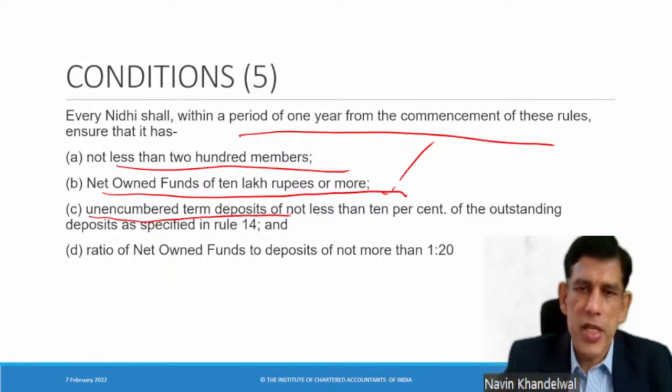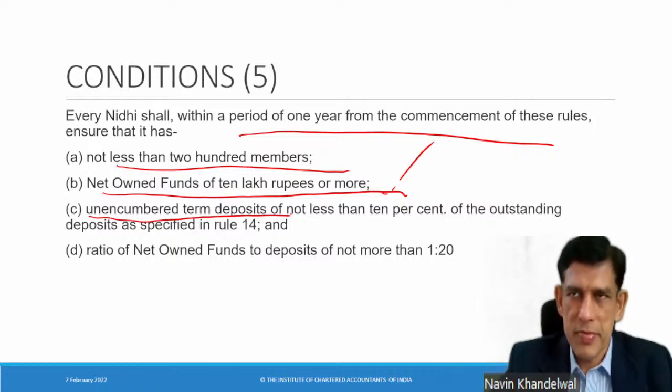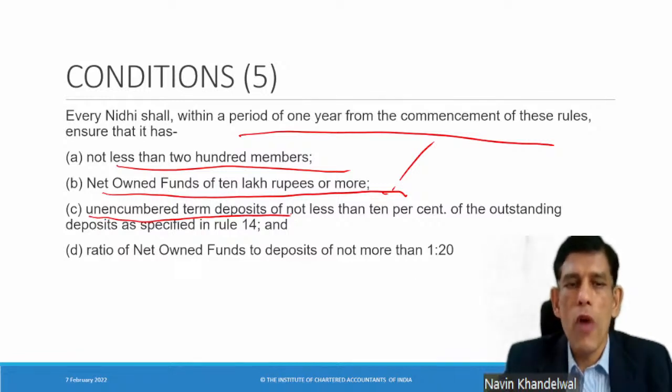Unencumbered term deposit of not less than 10% of the outstanding deposit. Unencumbered means free of any charge. It should have deposits free of any charge of not less than 10% of the outstanding deposit.